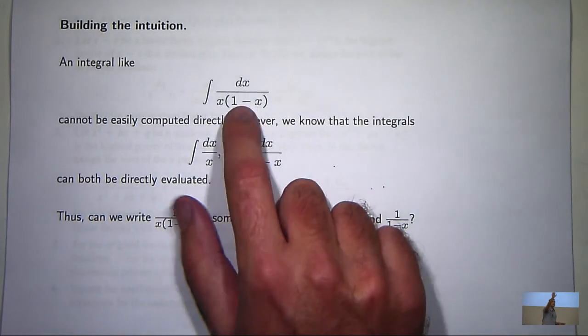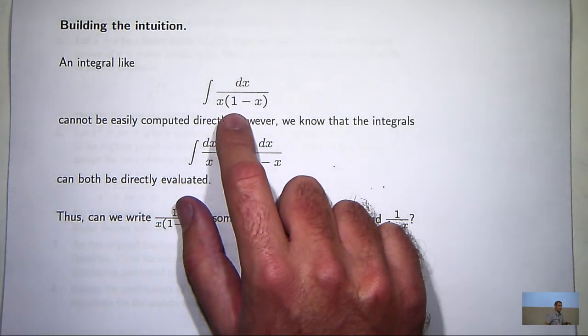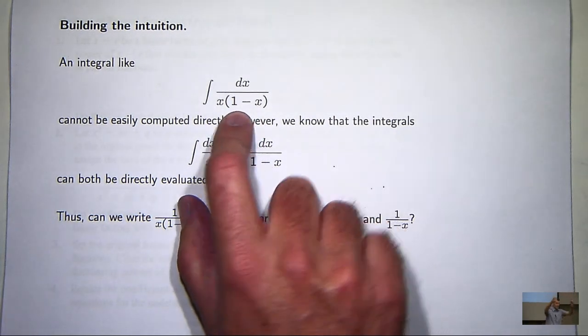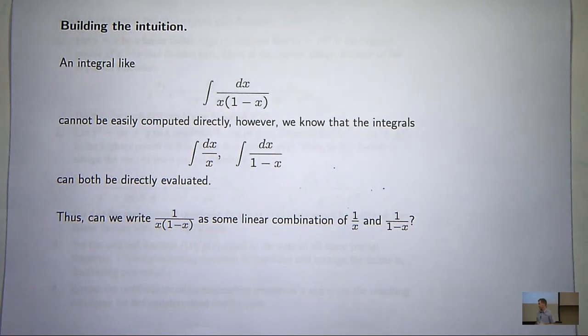So let's just think about this particular integral right here. I can't integrate that by inspection, can you? It's a hard integral. However, we can break it up into two integrals that we actually can compute, right?